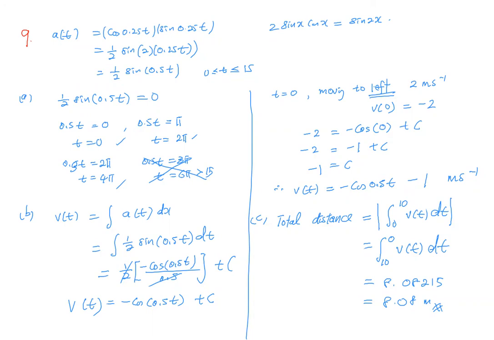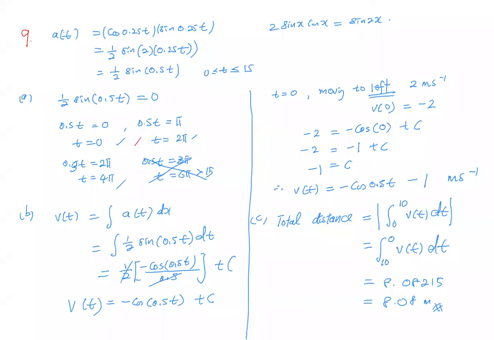Question 9 is a very short question, but I just want to involve trigo only. Can or not? This is under the application of kinematics. Okay, any question? So the marking will be here.